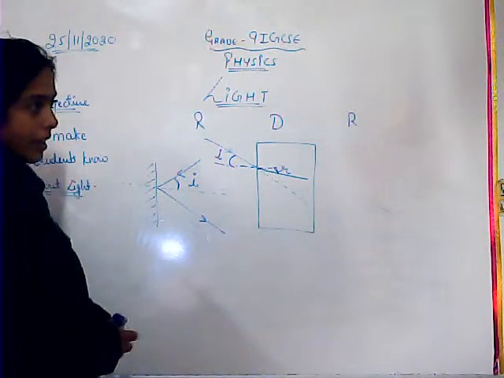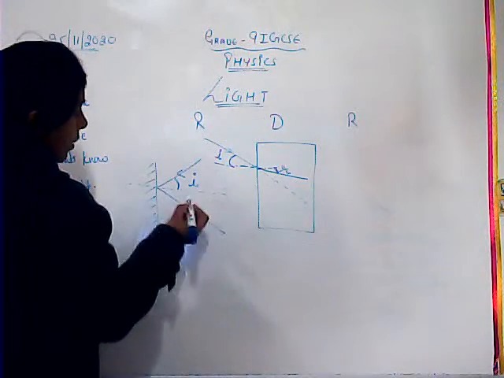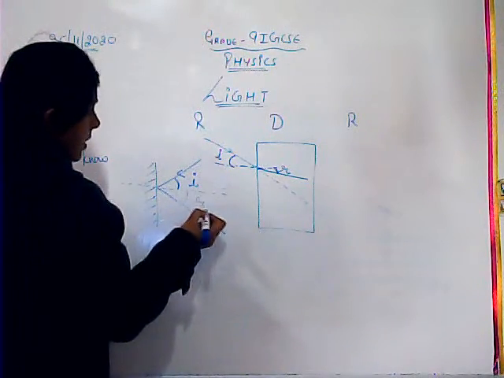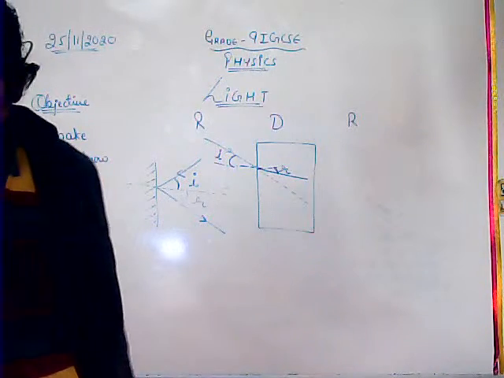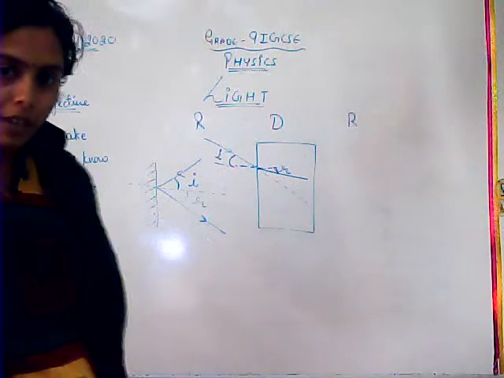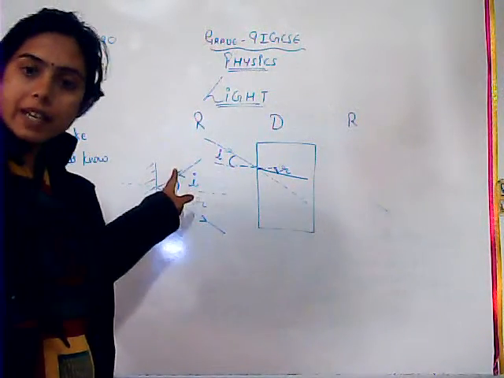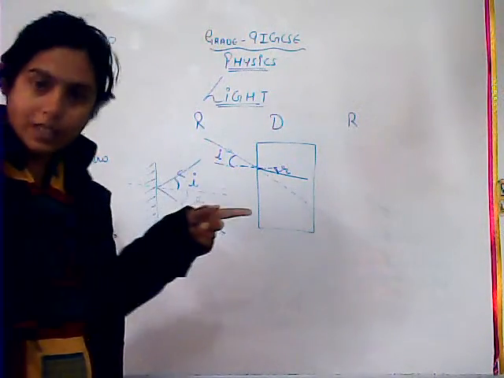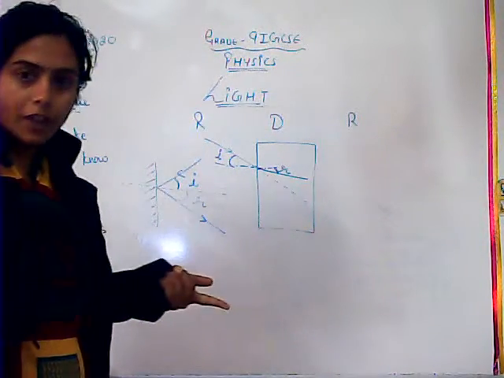We have the reflected ray, and whatever is the angle made by the reflected ray with the normal is the angle of reflection. Incident ray with normal, angle of incidence; reflected ray with normal, angle of reflection.